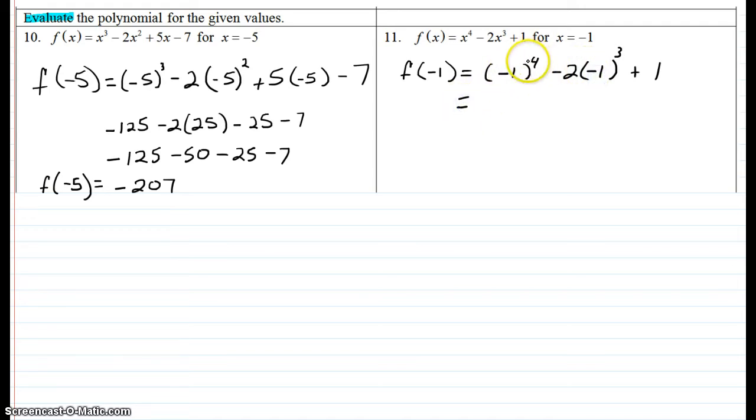So negative 1 to the fourth is just going to give us a positive 1. Negative 1 cubed is going to give us a negative 1. And so now negative 2 times negative 1, positive 2. And now we just simplify. Gives us 4. So when I evaluate my function for negative 1, my output is positive 4.